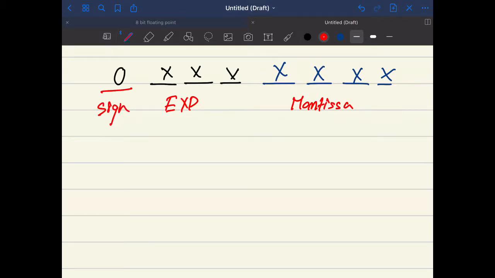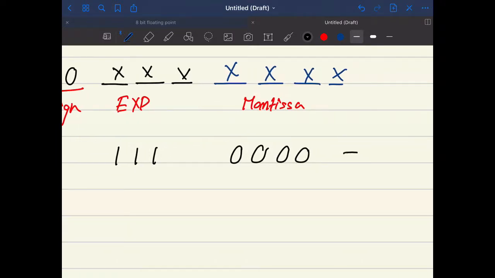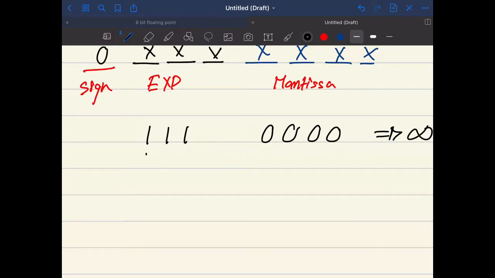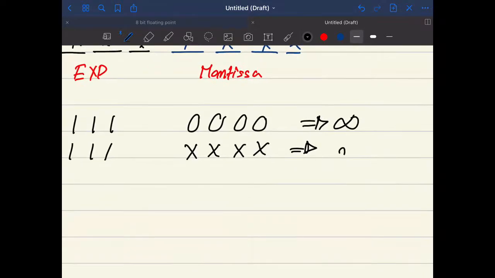In the case where you have triple ones, or 1 in each bit of the exponent, and 4 zeros in the mantissa, then the number would be infinity. However, in a case where we have triple ones in the exponent, but some value in the mantissa, then that would be not a number.